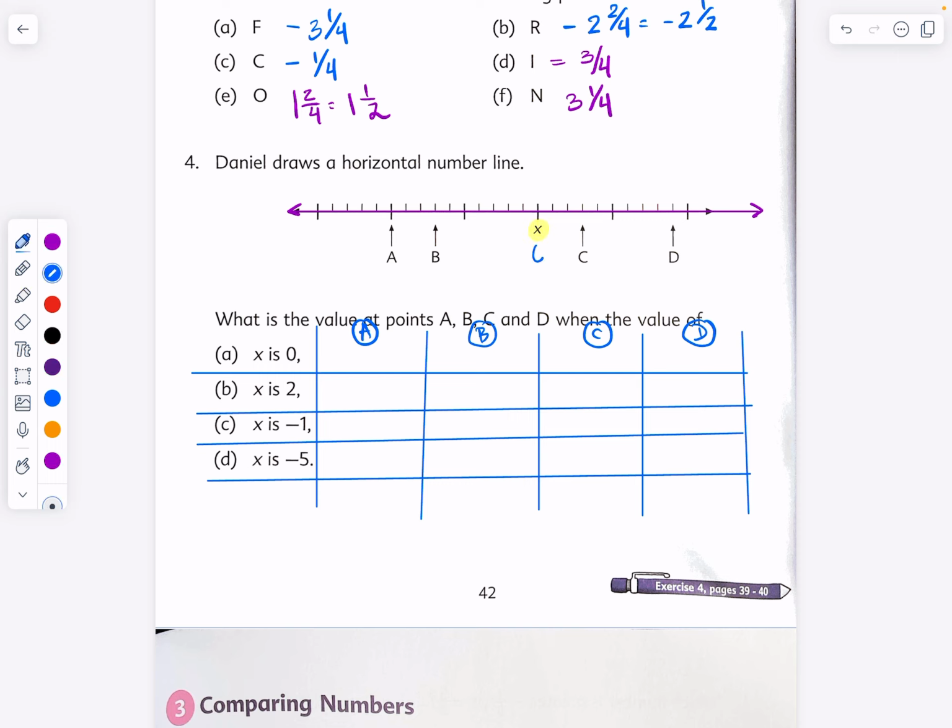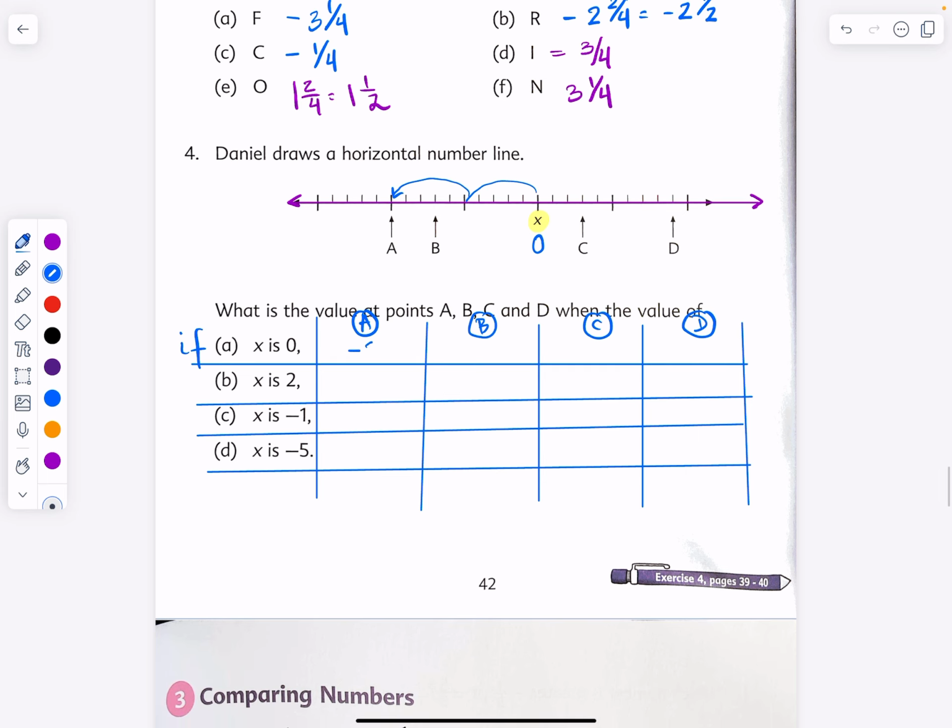If x equals 0, then A is 1, 2. A is -2. B is -1 and 1, 2 out of 5. So it's -1 and 2/5.